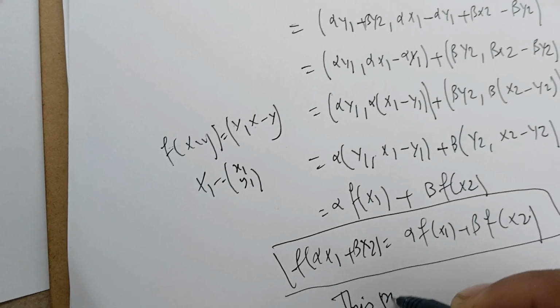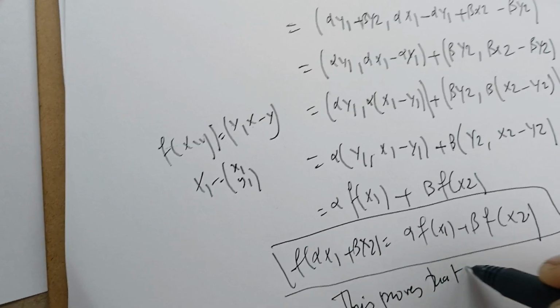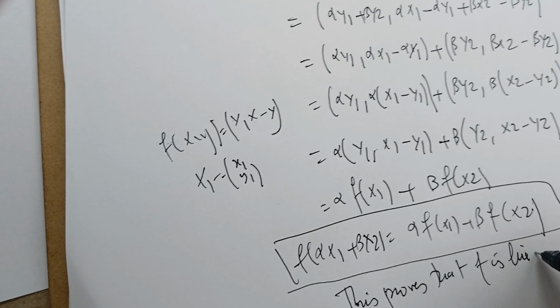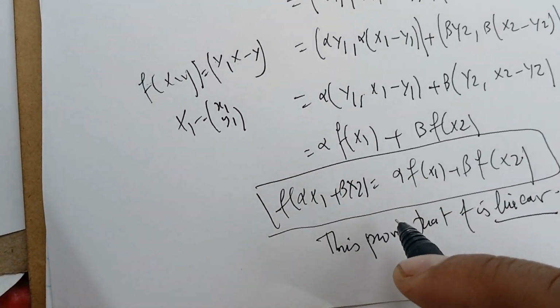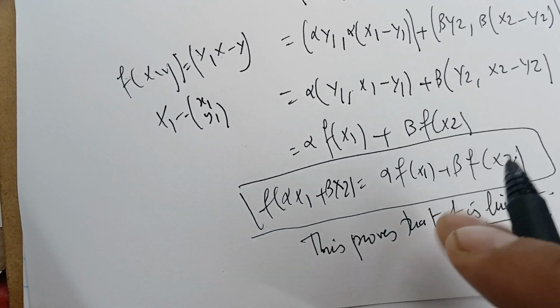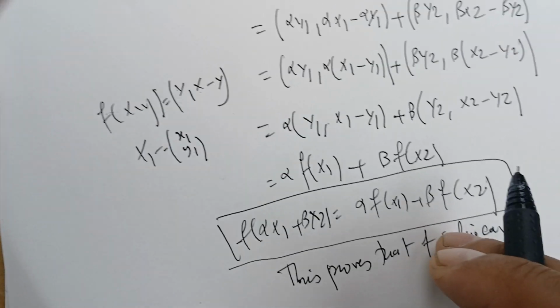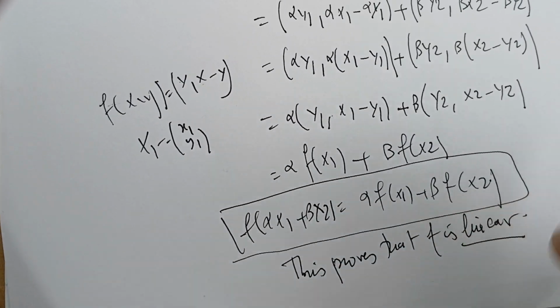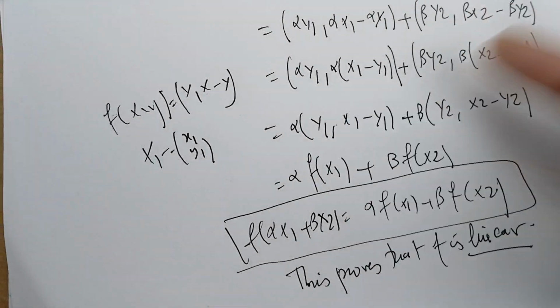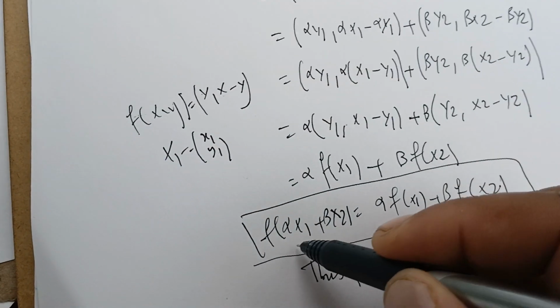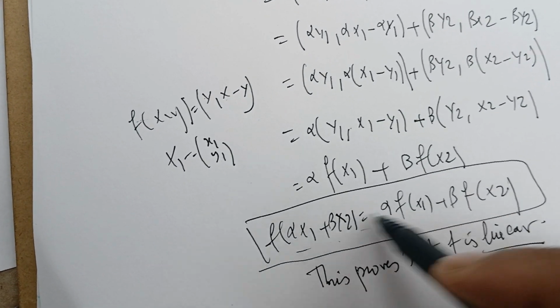This proves that f is linear. That's what we need. There are other ways, but this is the general way: do it for any two vectors, take any linear combination, and show it like this.